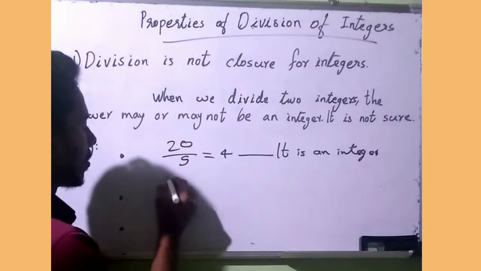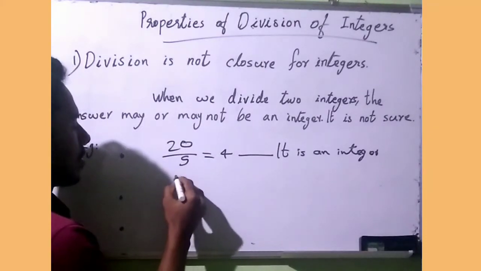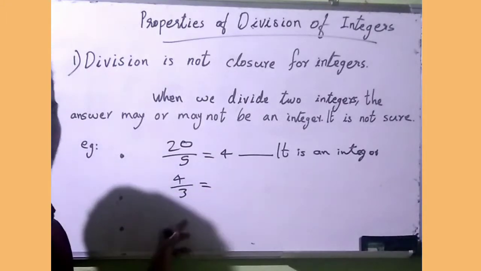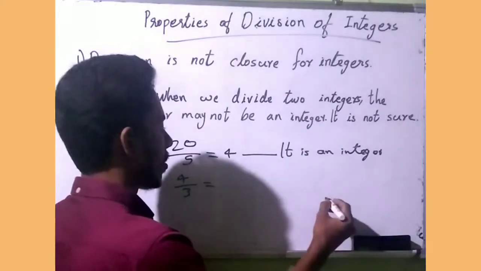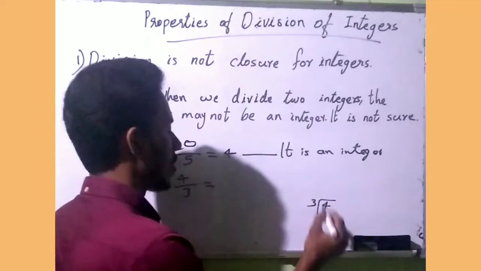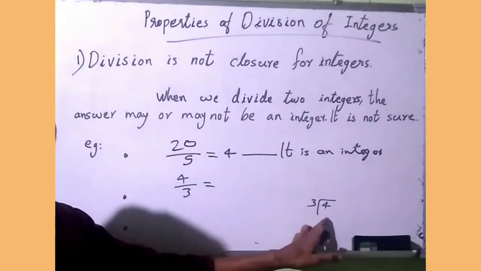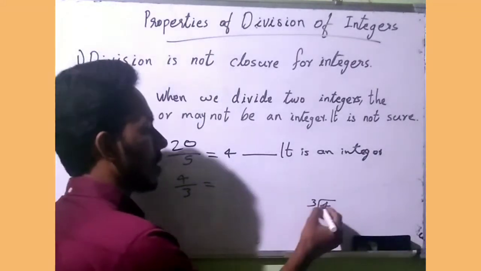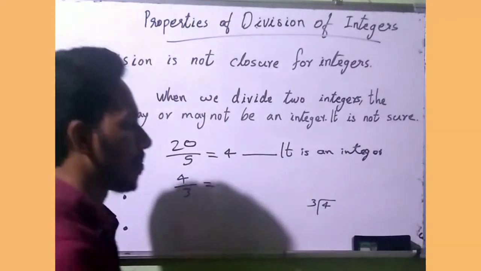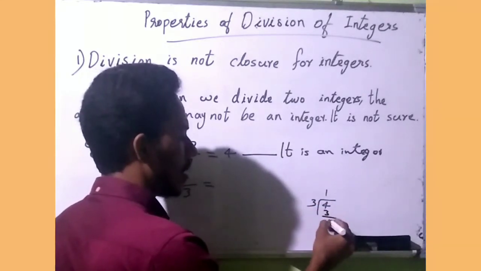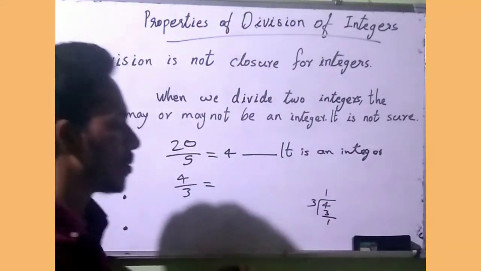Then another example. 4 by 3. What is the answer of 4 by 3? That means how many 3s are there in 4? 1 times 3 is 3. The answer is 1.